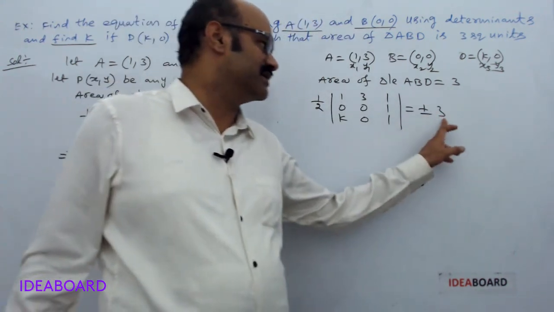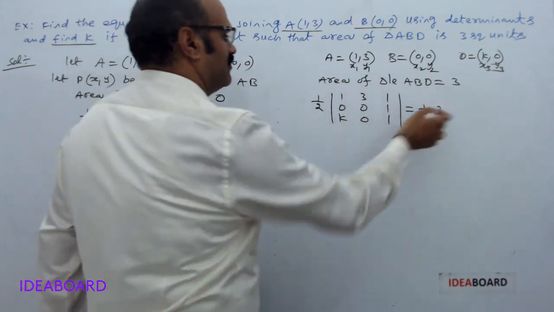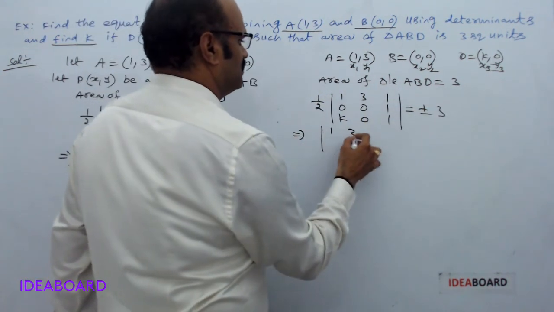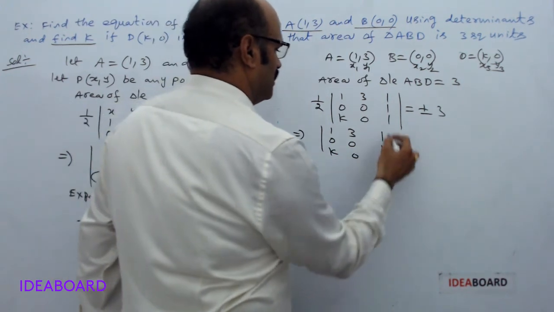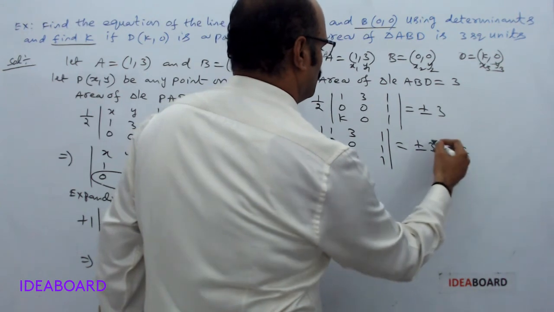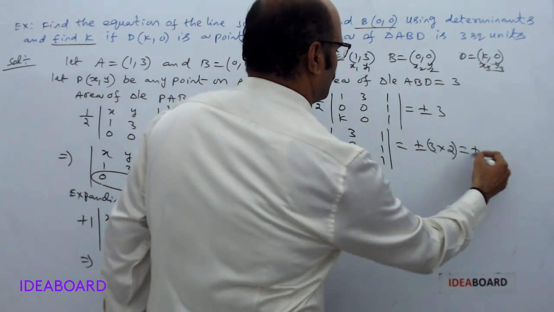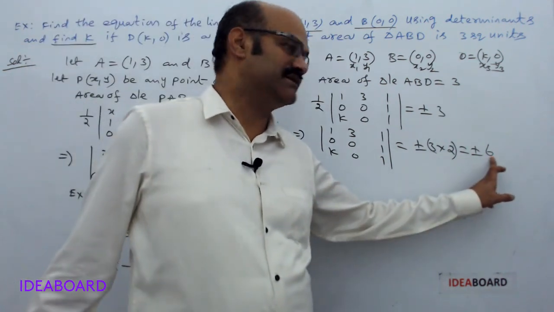Then it implies, write 1 by 2 that side, we have determinant of 1 3 1, 0 0 1, k 0 1 equal to plus or minus 3 into 2 equal to plus or minus 6.